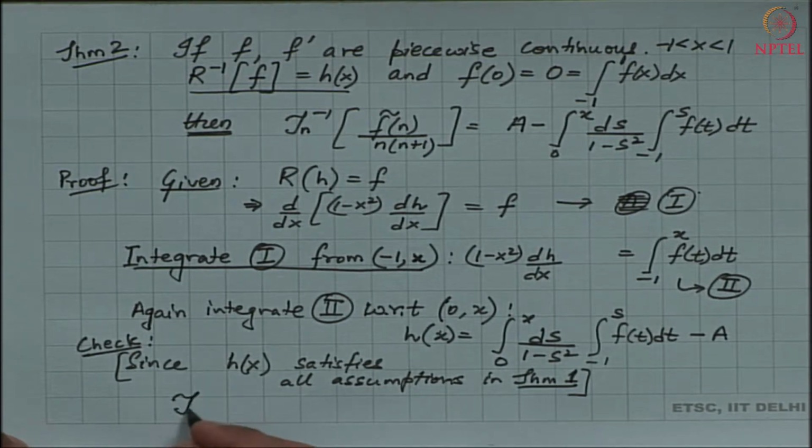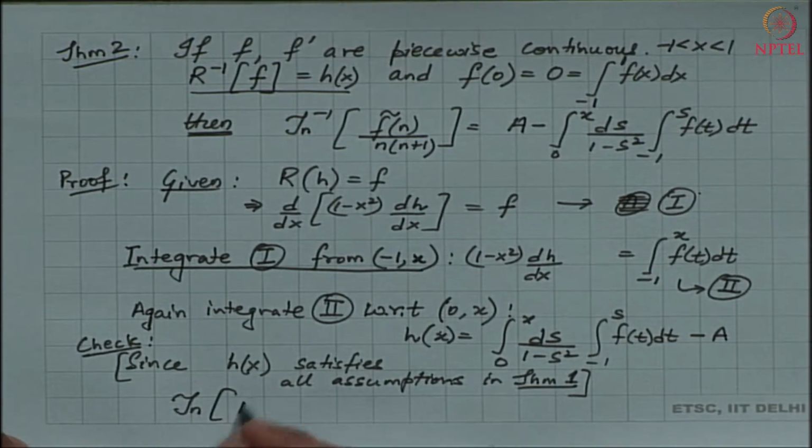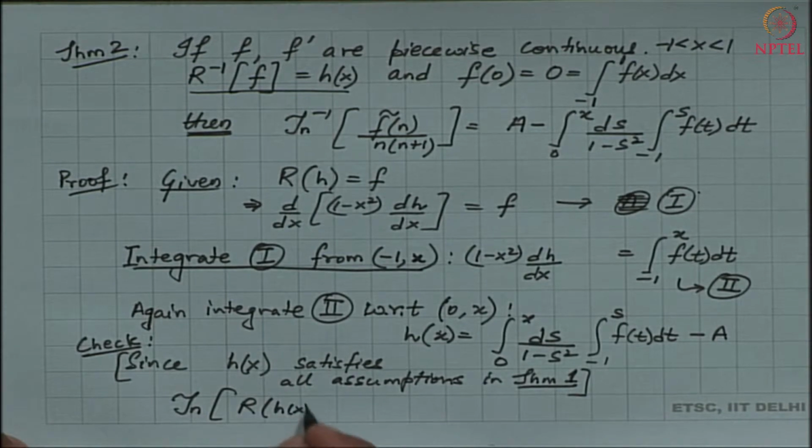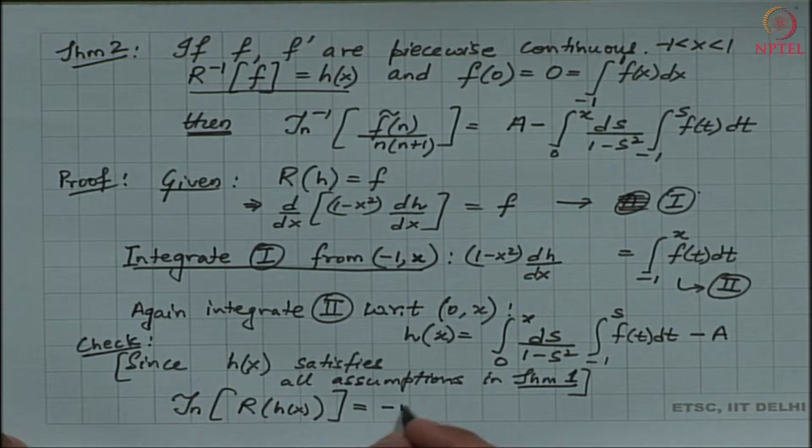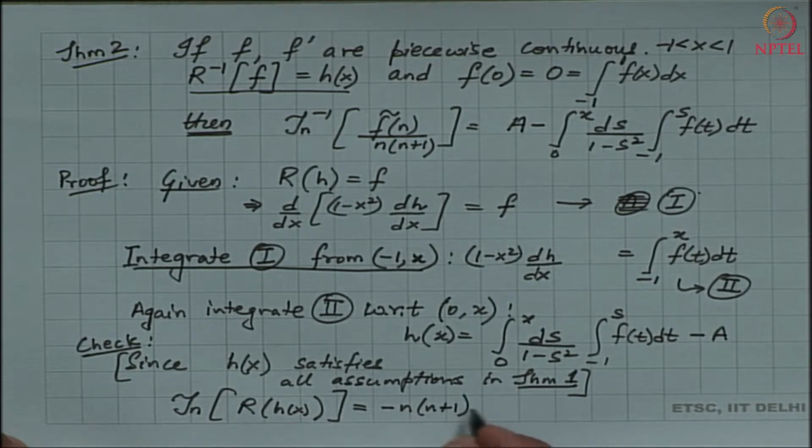So, I can directly use my theorem 1 result to conclude that the Legendre transform of R of h of x is given by negative n times n plus 1 times the Legendre transform of h of x.